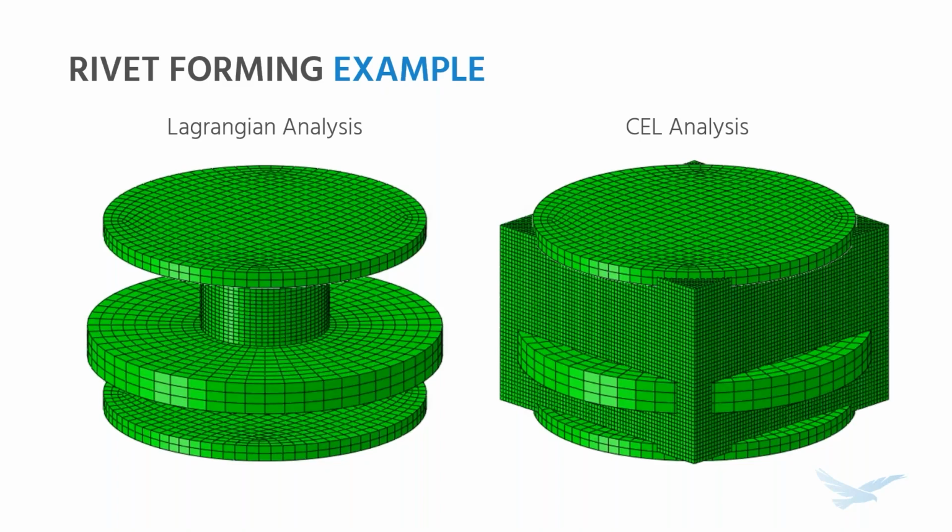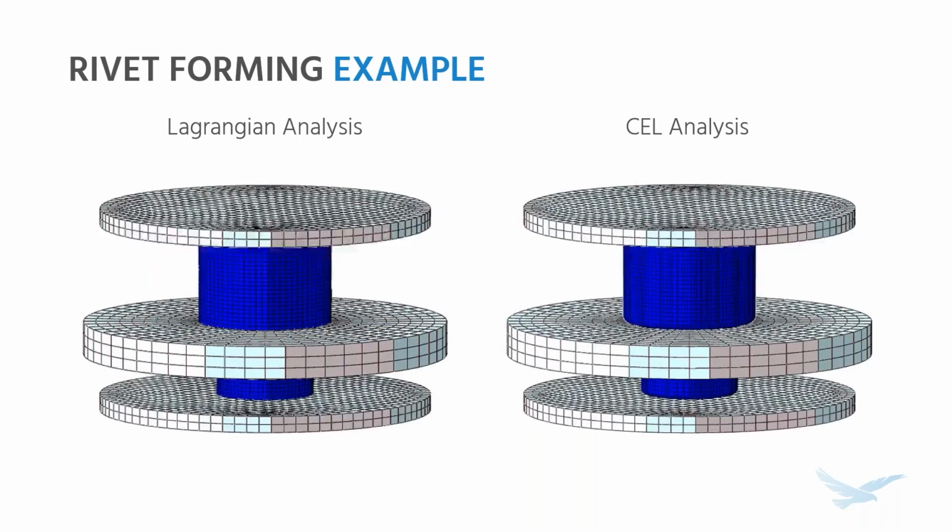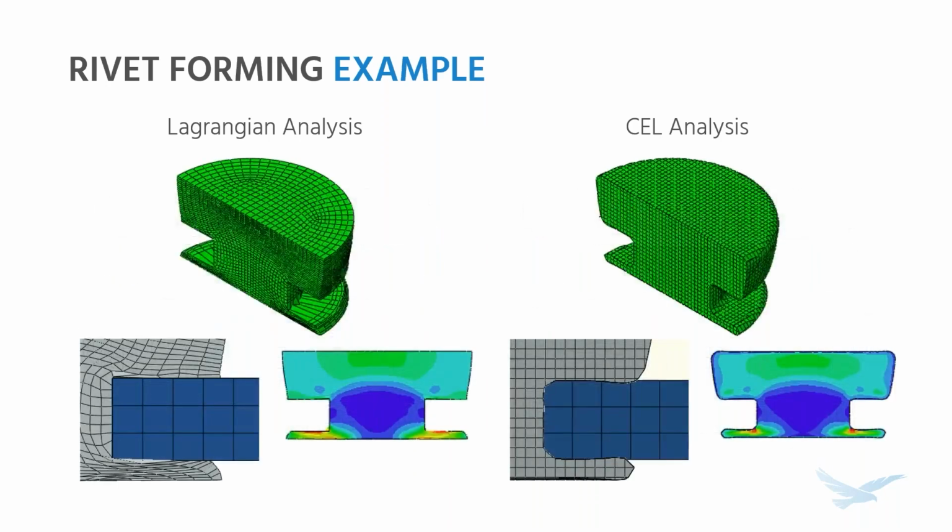Now when we run this analysis, the results are going to look very similar, but if we dive in a little bit deeper and take a closer look, we will notice some differences. In the CEL analysis, the high strain region is near the corner where we'd expect it to be. In the Lagrangian example, though, we don't get our high strains where we expect them to be.